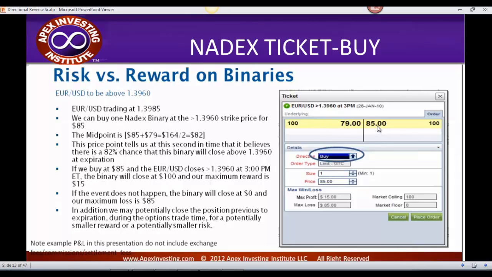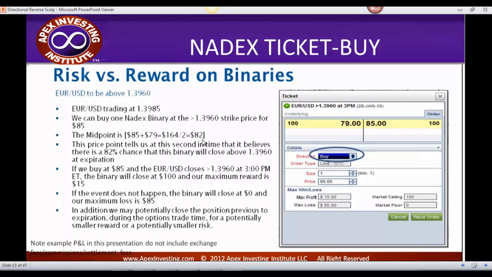If I selected to buy this binary for $85, size 1 contract for $85, it'll automatically fill this in and tell me right away my max profit is 15, my max loss is 85. So if you ever get confused about whether, if I'm buying my risk is this, if I'm selling my risk is this, before you ever get into a contract, it will tell you right there. Before you ever place that order, it'll tell you exactly your profit and loss potentials.